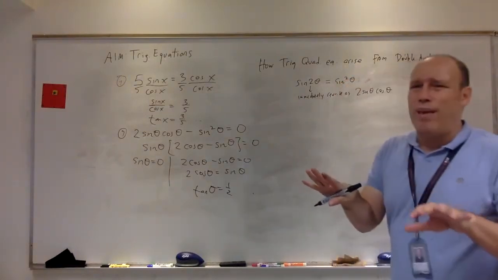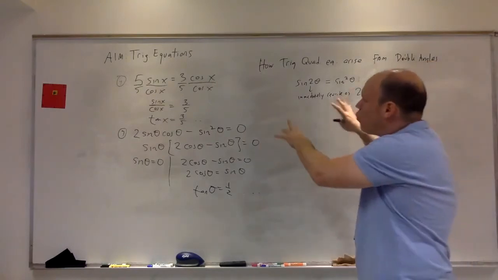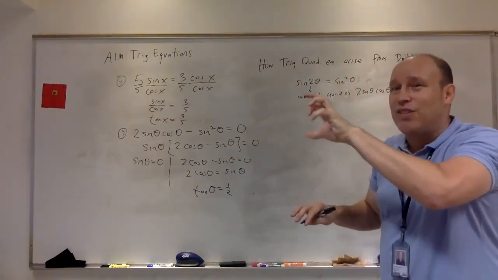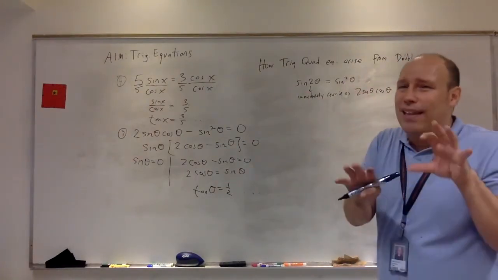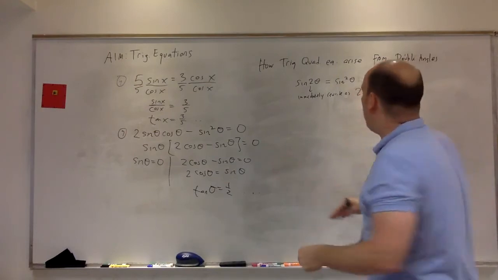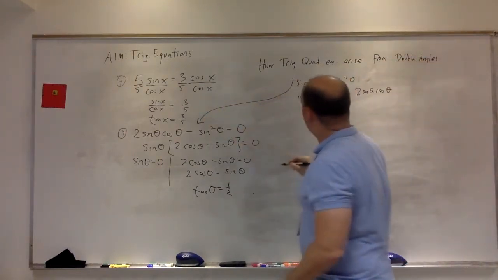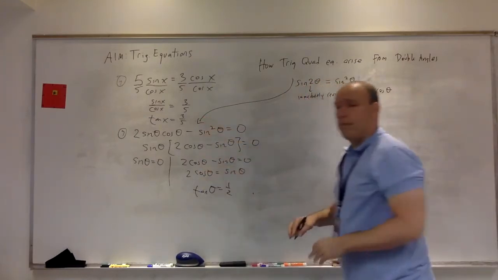You can't do these quadratics when you need sine of x and sine squared of x, or cosine and cosine squared, and you can't deal with the 2x. So we turn it into this, and then we create it like this, and we can easily solve.